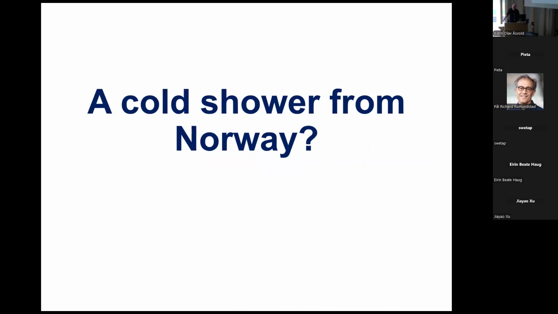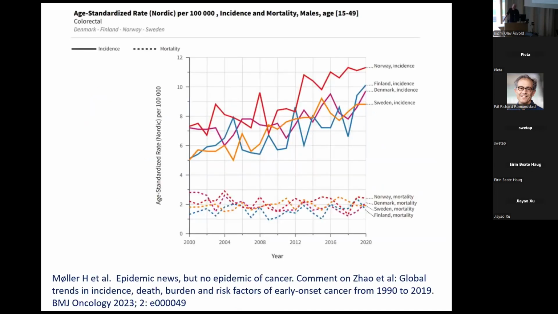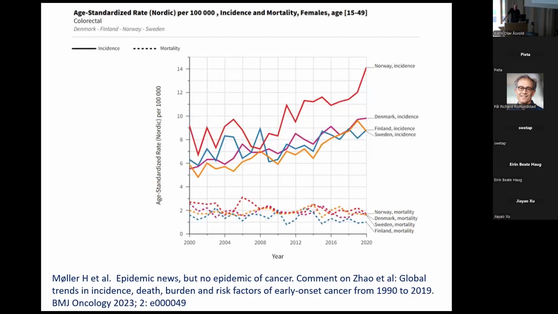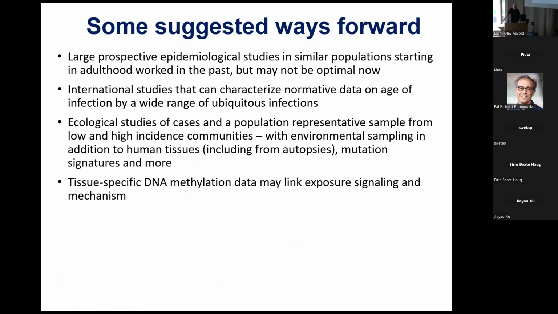Although there's a recent cold shower from the Norwegian Cancer Registry, because everyone's reporting these increased incidences. Norway does have a remarkably increased incidence, but the mortality isn't increasing. This could be because early onset colon cancer, if it's not related to a major cancer family syndrome mutation, has better survival. But there's definitely some interest in what might have happened that led to this.